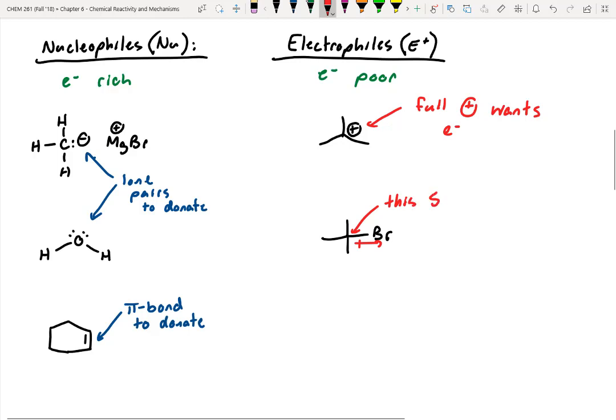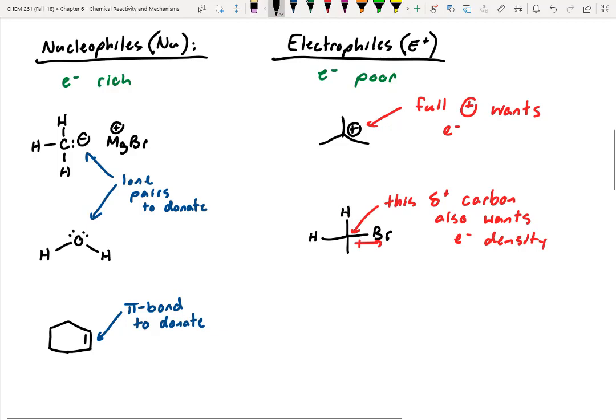So this partial positive carbon also wants electrons, basically bromine stealing its electron density. All right? I'm actually going to draw hydrogens on here, and you'll see why when we cover substitution reactions.